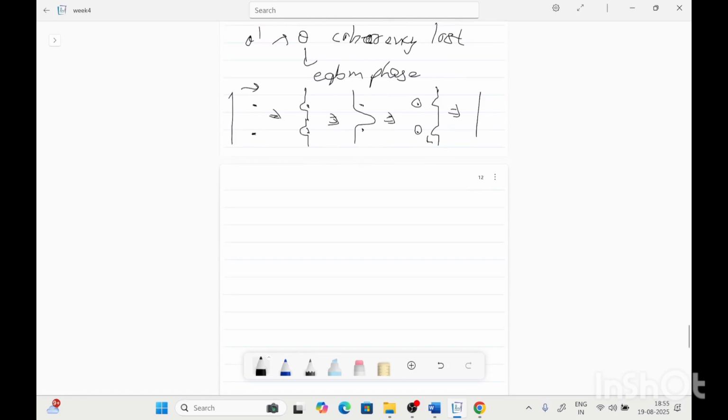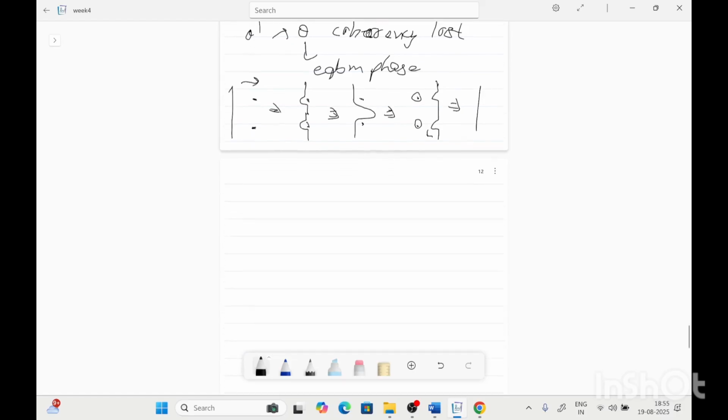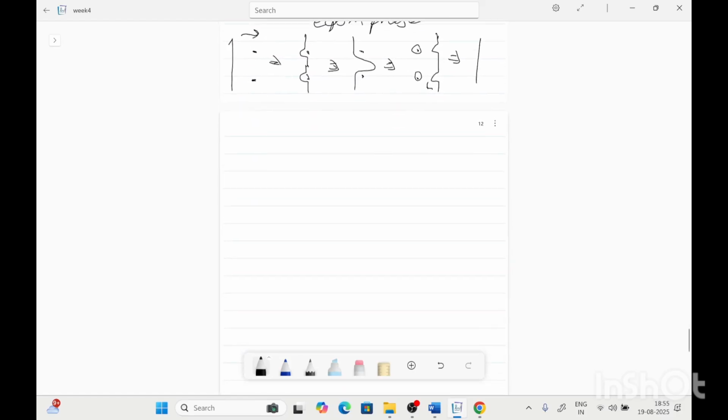So this is the dislocation hindrance when the theta is present. Because of this loop formation, any further dislocation line that comes to this point will feel some force opposite to the dislocation motion.